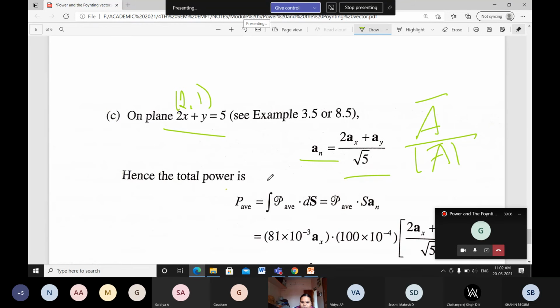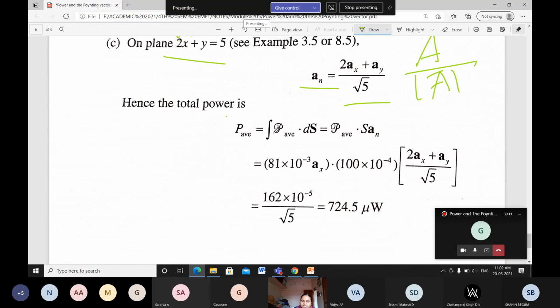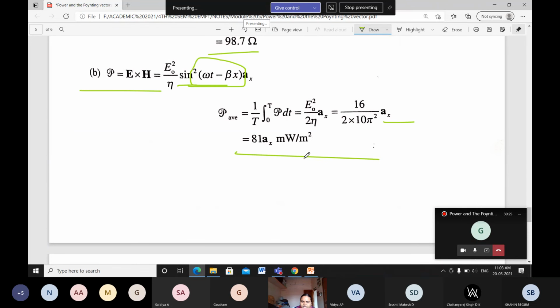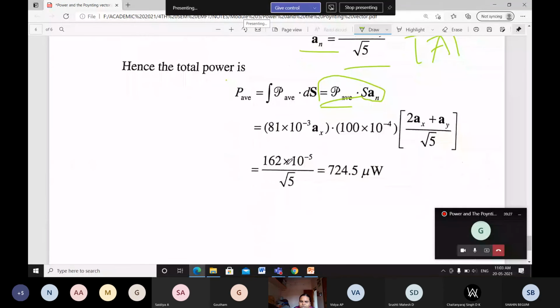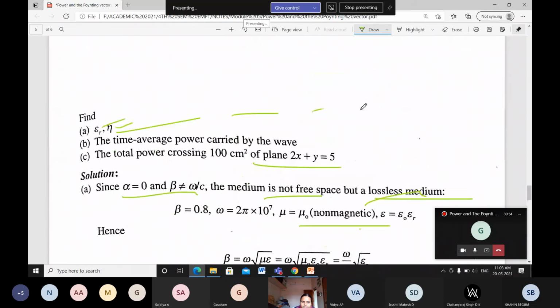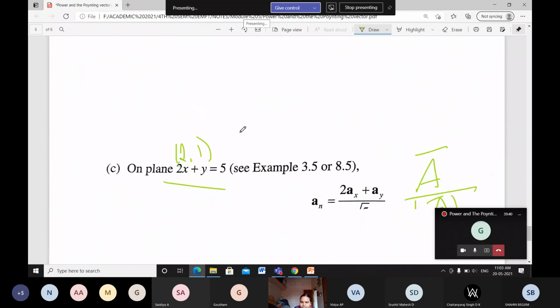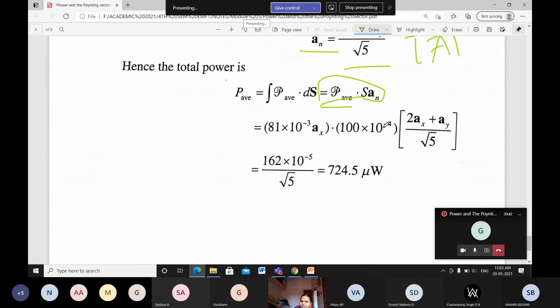Then the total power is going to be, P average is going to be integration of Poynting vector average dot ds. That is nothing but, remember this equation, P average dot S into an. Next, P average we calculated in the previous part. That you have to substitute here, 81 into 10 raised to minus 3 ax. Then about S, they have given the surface, that is 100 centimeter square, 100 into 10 raised to minus 4.